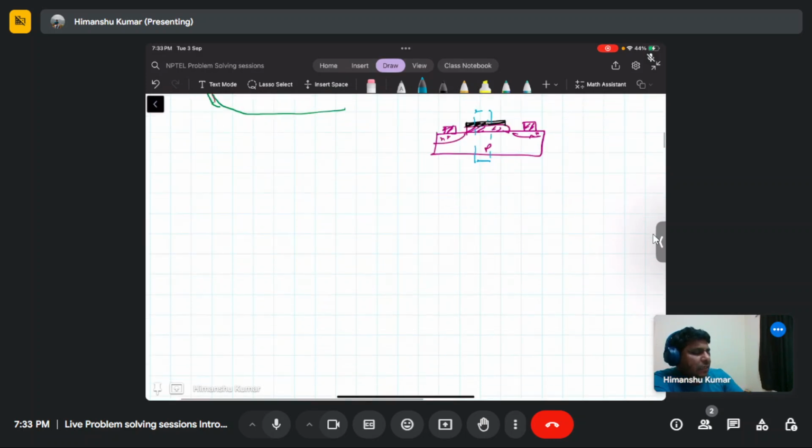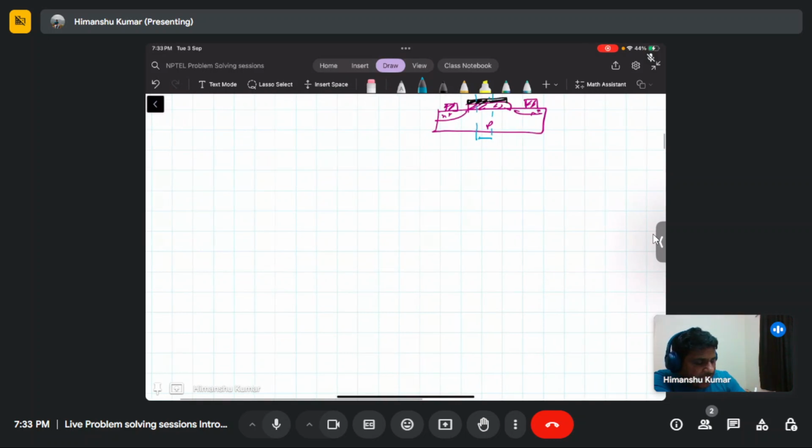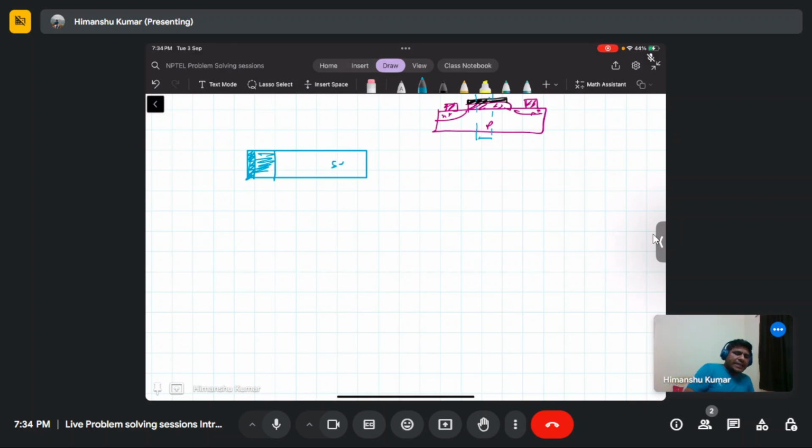For simplification, we can draw the MOS cap like this. This is metal, this is oxide, and this is semiconductor. The semiconductor can be any N type or P type.